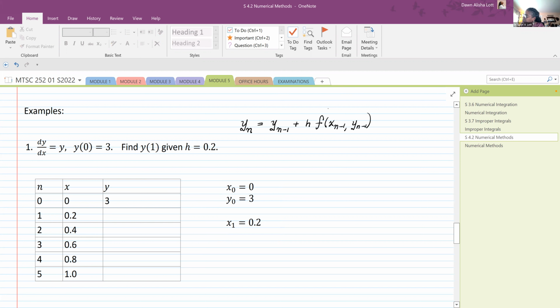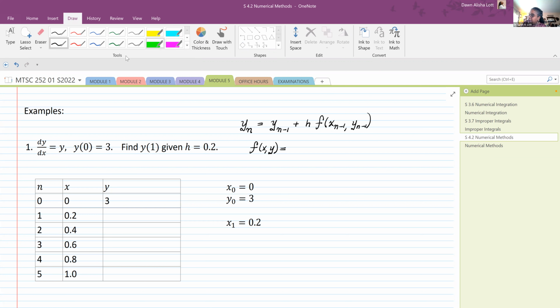Now, in our function f of x, y is simply just y. Remember, dy/dx is equal to f, and in this problem, f of x, y is just y.